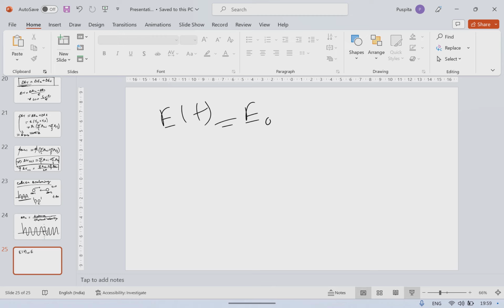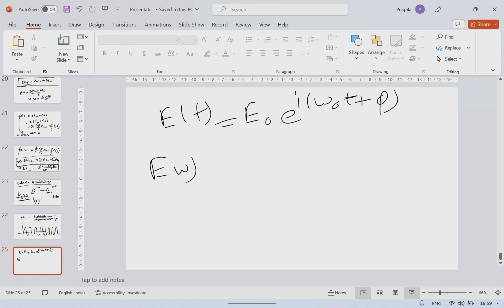So here the electric field can be written as e to the power i(omega naught t plus phi). Here we have taken phi into account, since I mentioned that there is a probability of phase change.